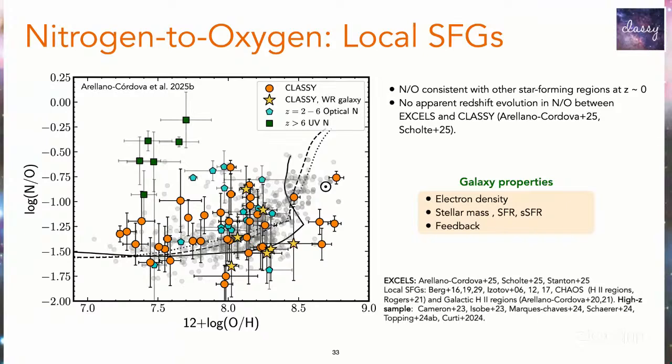But also, I want to say something extra that usually people don't say about this diagram. Chemical evolution models cannot reproduce this flattening. If they reproduce this flattening now, it's because they assume that the nitrogen is coming from the core, this primary nitrogen, from very massive stellar rotators.